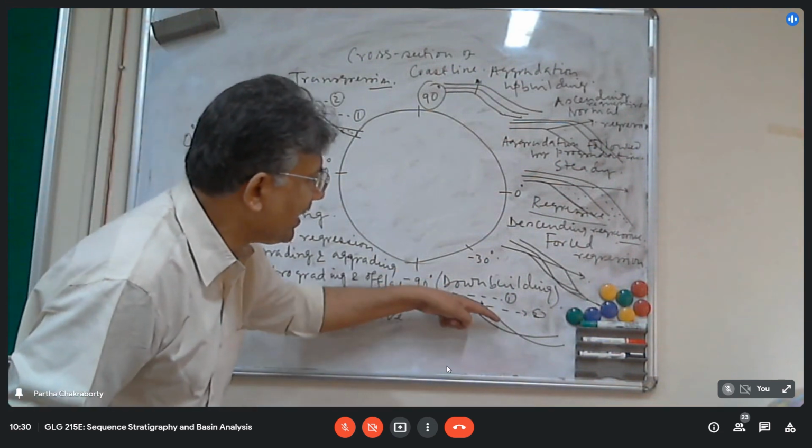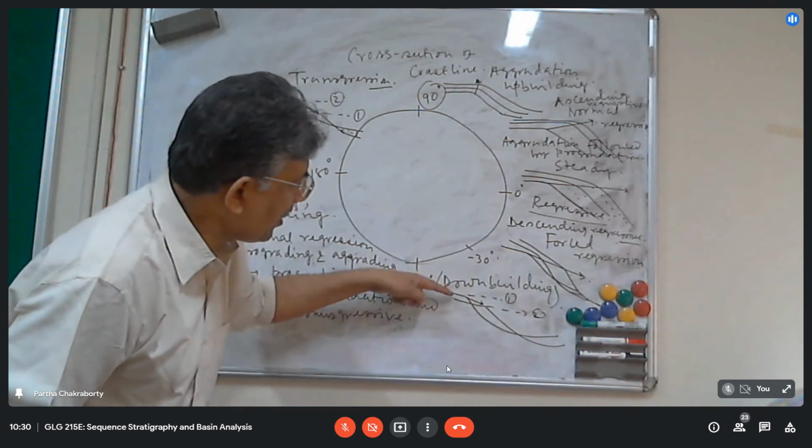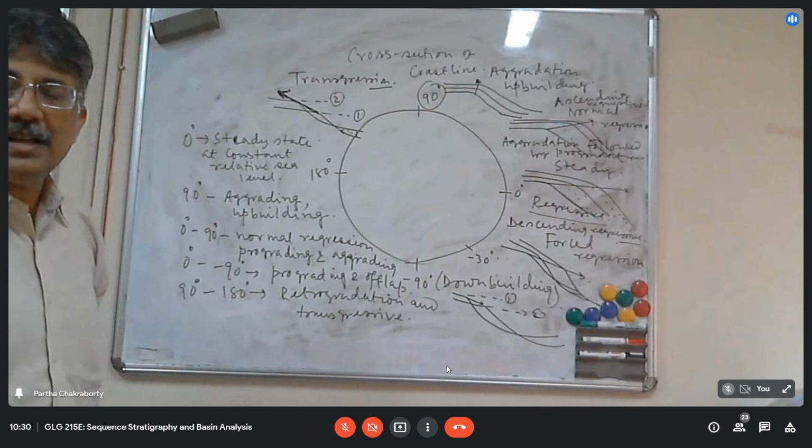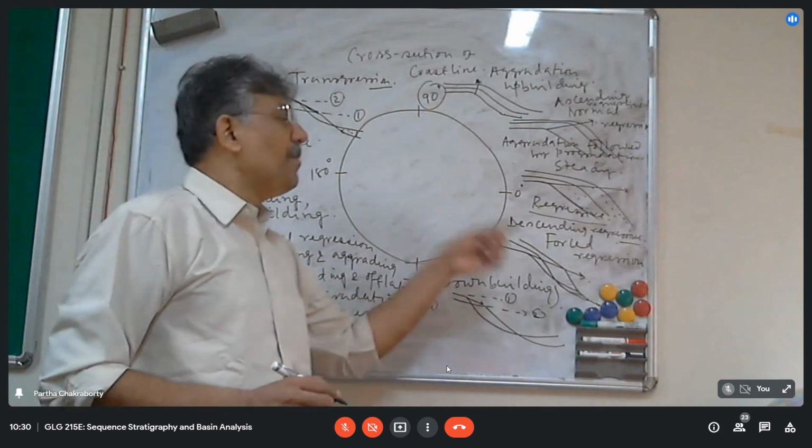It is descending regressive. So that is actually the descending regressive that you are getting in case of the forced regression.